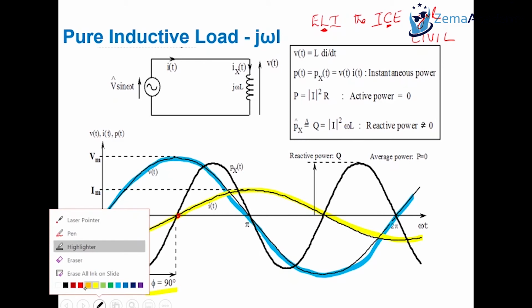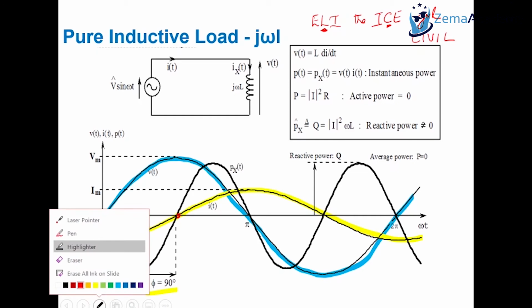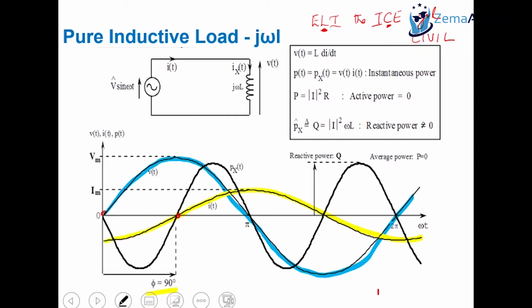So now, when I do the red highlighter for the power, as you can see, between 0 and 90, what's happening with the voltage? The voltage is positive. Between the same 0 and 90, the current goes through a negative maximum and then comes back. So when you multiply voltage and current between 0 to 90 degrees, you should ideally get your power. And would that power be positive or negative?